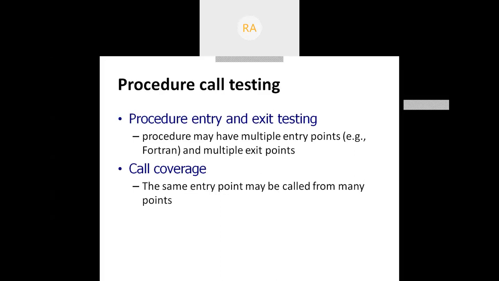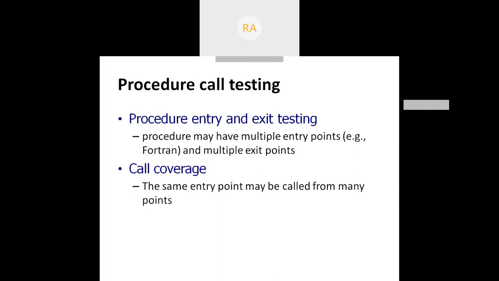Then once all the statements associated with that procedure are executed, it has to come to the end of that procedure by passing through the exit point. The point where that procedure ends, I call the exit point. So you are supposed to carry out testing with respect to the entry and exit points of a particular procedure.